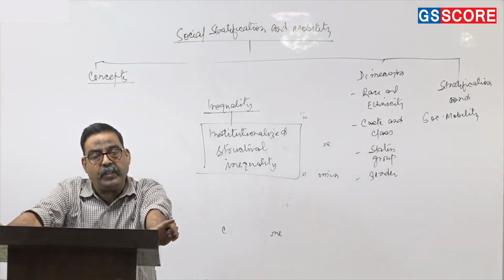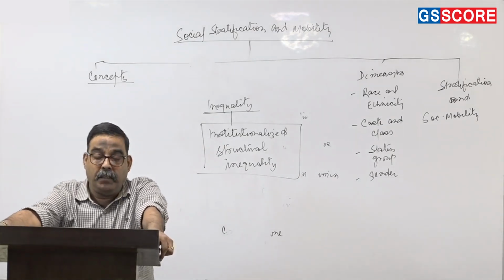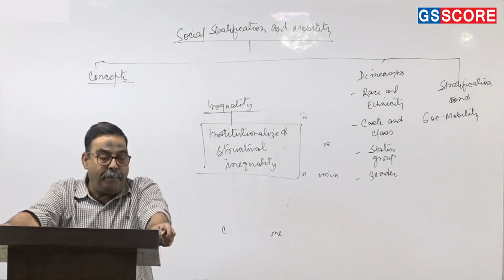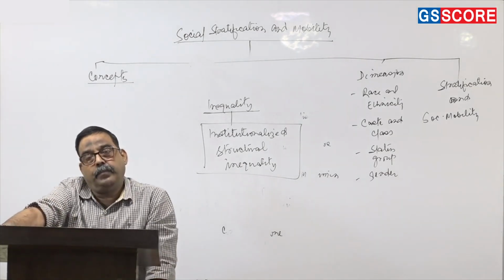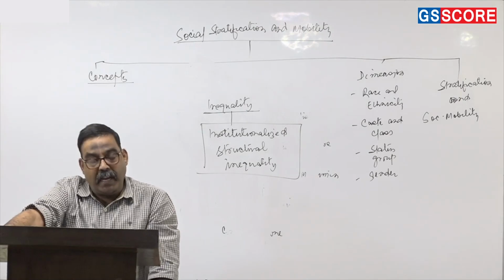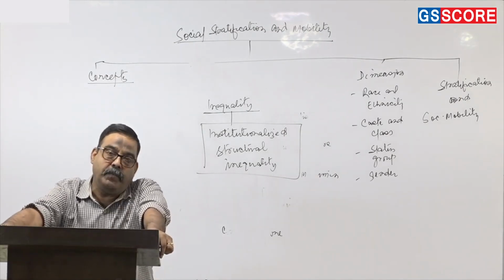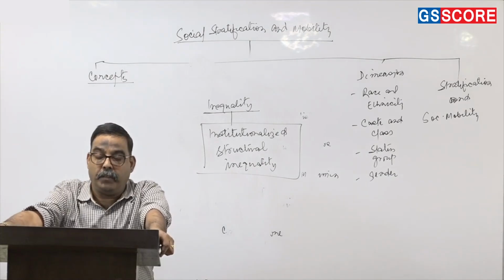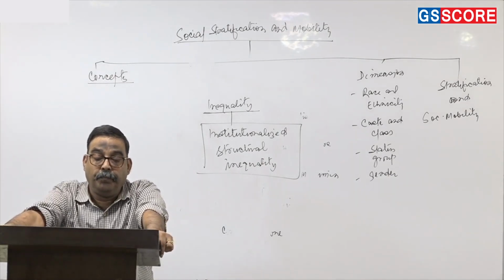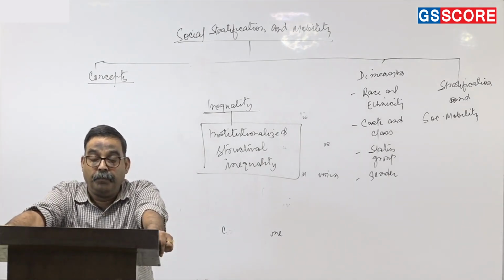Now up to here, when we say institutionalized structural inequality, we have differentiated people on social divisions. And once we have differentiated people on the social divisions, the notion of inequality seems to be inherent in it.